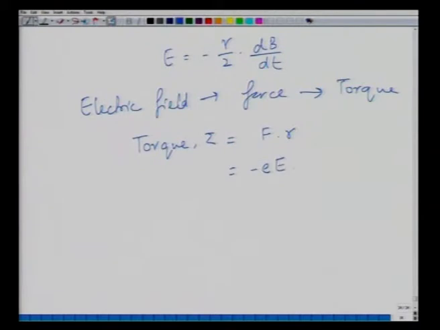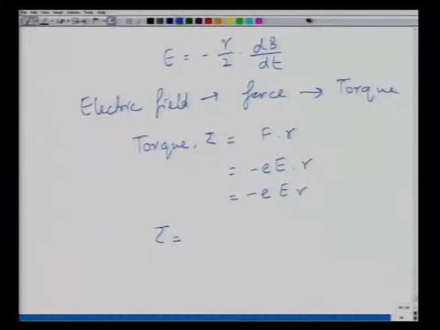Minus E multiplied by r, let us say both of them are collinear. As a result it becomes minus E r, and this torque is the time derivative of angular momentum. So, tau is nothing but dj by dt. This is again from classical physics.